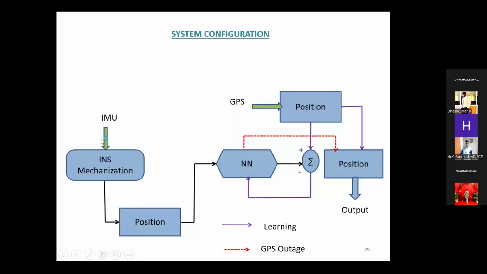With that, I take the values of latitude, longitude, and altitude, and these position values are given as input to the neural networks. Of course, I am not going for the altitude here; as a simple concept, I consider only latitude and longitude, so I selected only two input nodes.